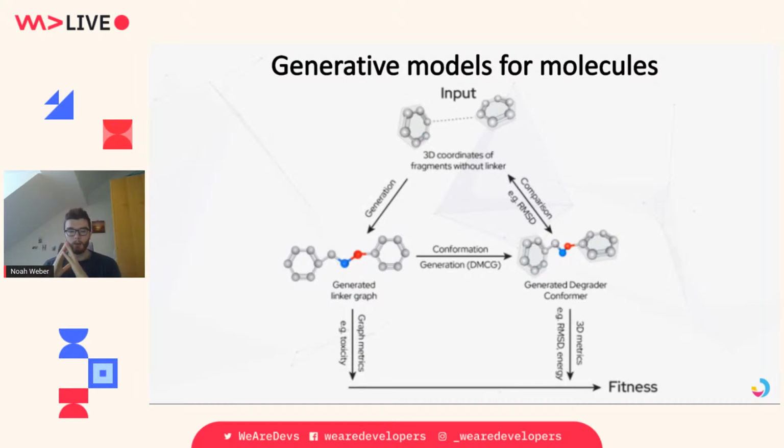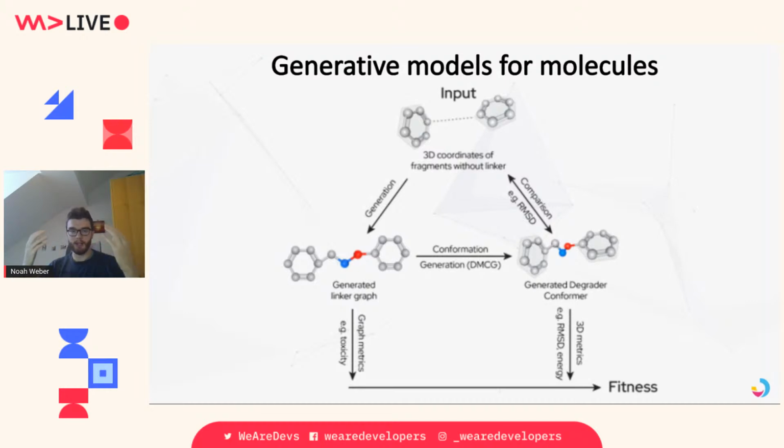One concrete example of what we are trying to implement is to generate completely novel linkers that satisfy all the necessary requirements. Very shortly, what is the linker? If you remember, that's the bridge in the middle, meaning the third molecule that connects these compounds from before. What is depicted here is that, as input, you get the 3D coordinates of the fragments. These are the ligands that I talked about previously, without the linker.